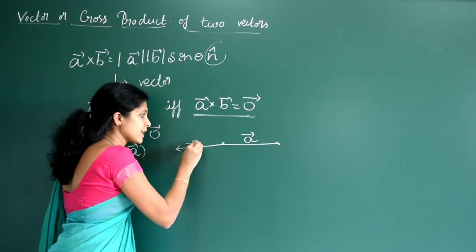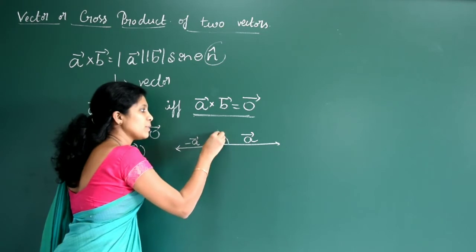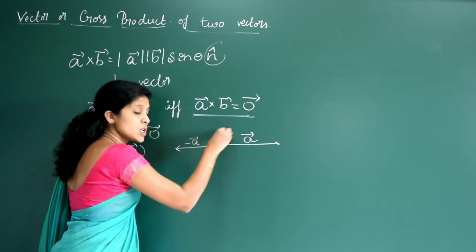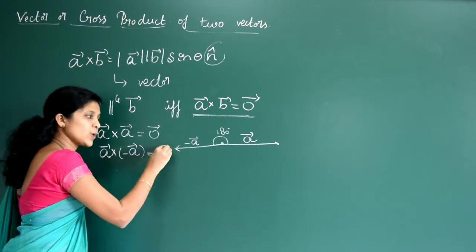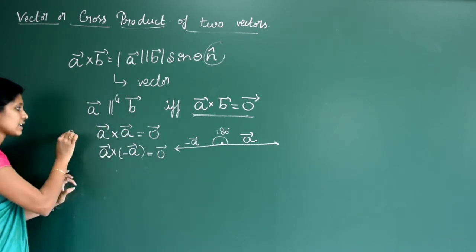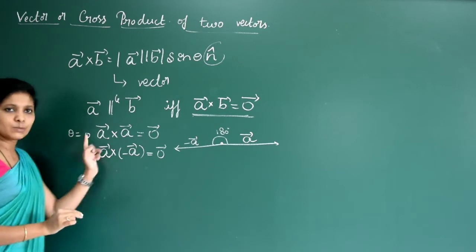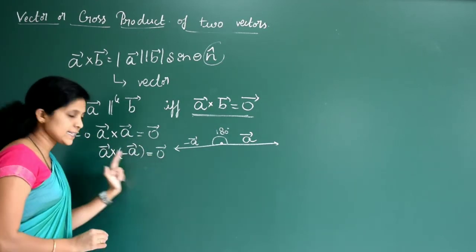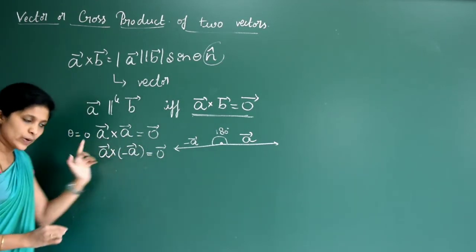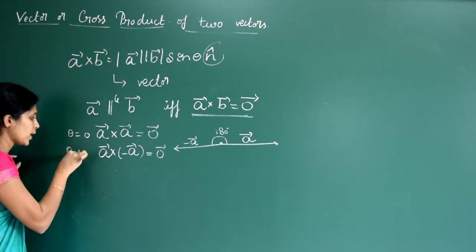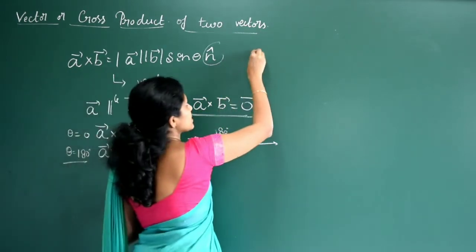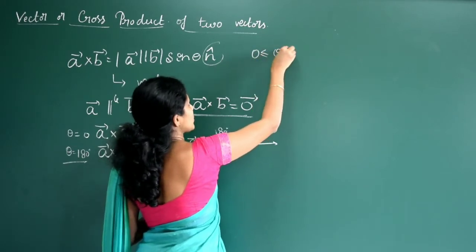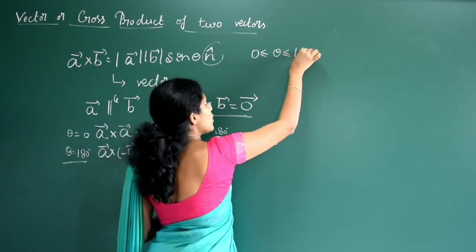So this will be minus A vector, so the angle between them will be 180 degrees. So A vector cross minus A vector is also equal to 0 vector. In this case theta will be 0, but in the other case the angle between two vectors will be theta equal to 180 degrees. Okay, and one more thing, here the angle should be between 0 and 180: 0 less than or equal to theta, less than or equal to 180 degrees.